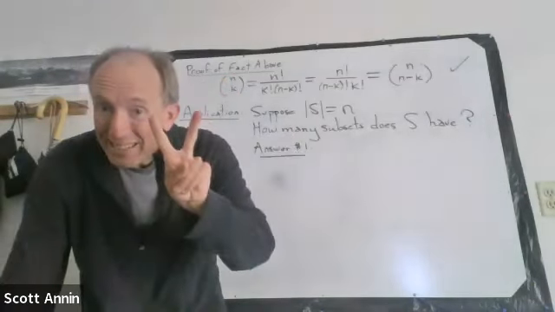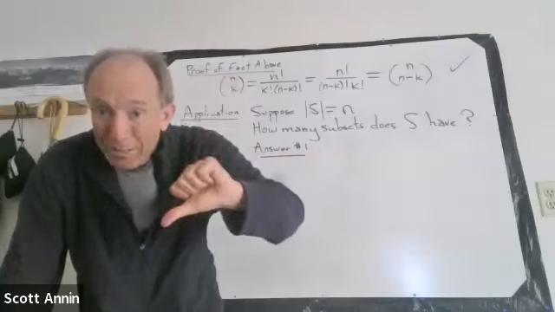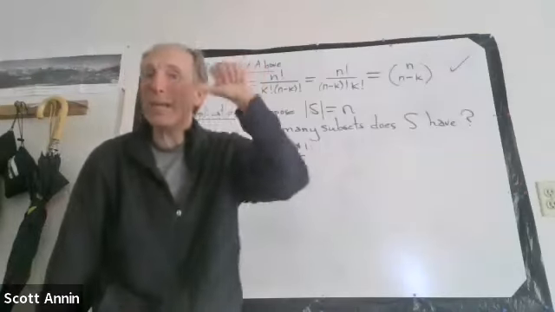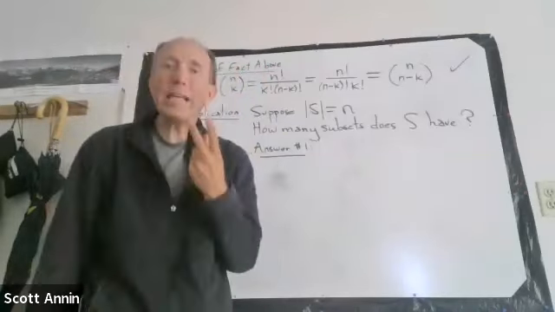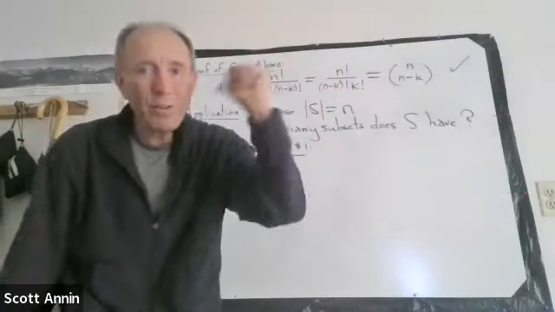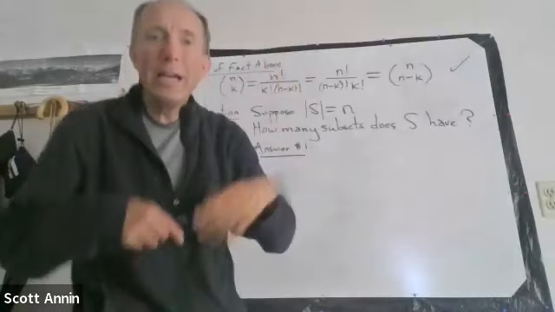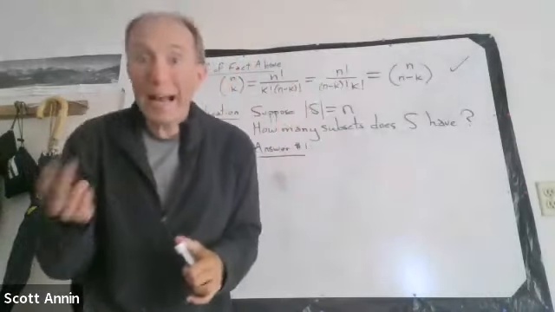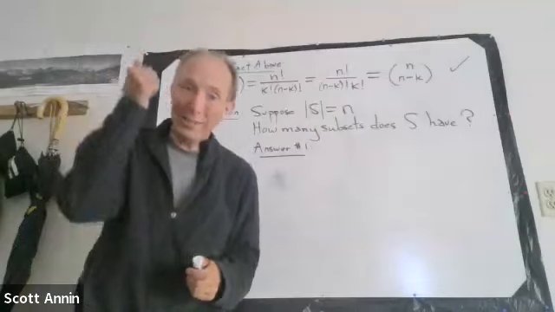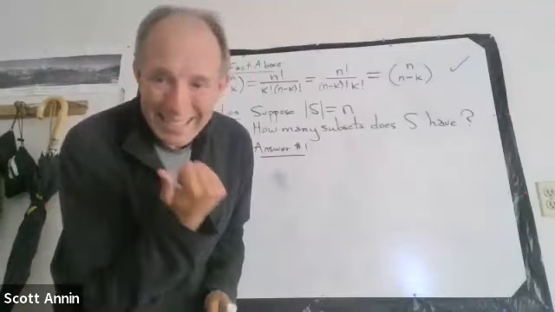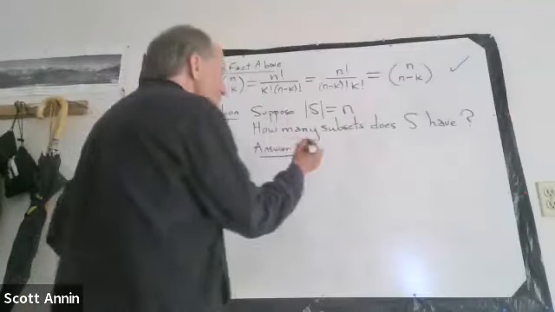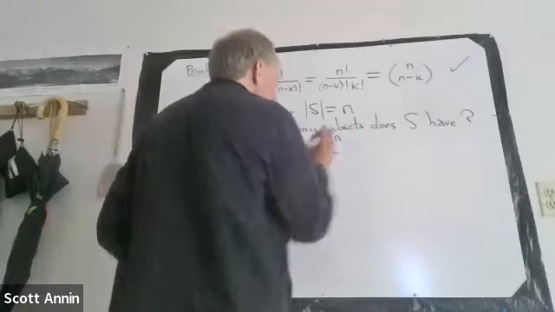There's 2 choices, in or out. So the first object, either in the subset or out of the subset. The second object, either in the subset or out of the subset, right? 2 choices, 2 choices, 2 choices. Every single object has 2 choices. It's either in the subset or it's not in the subset. That is simply going to be 2 to the n.